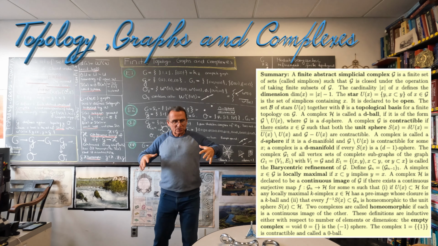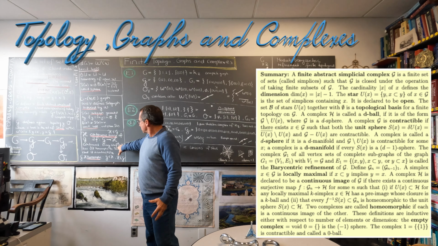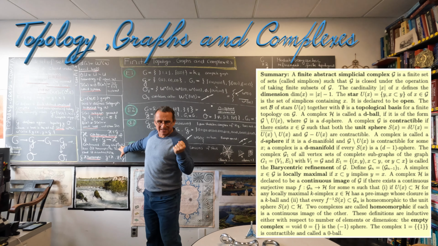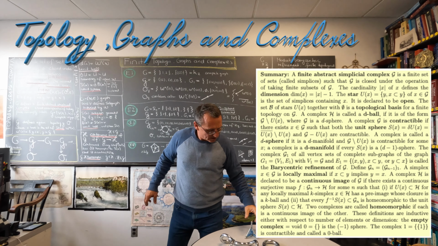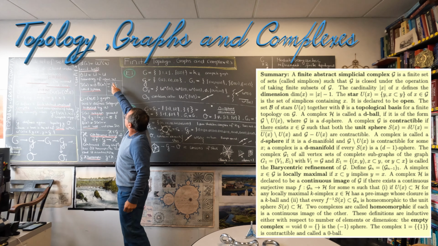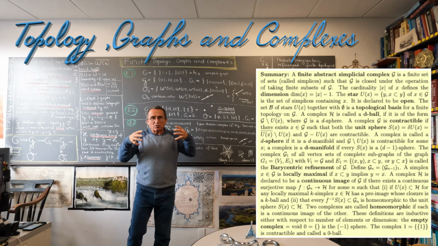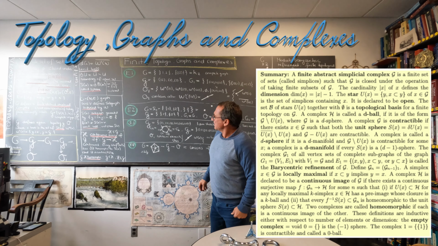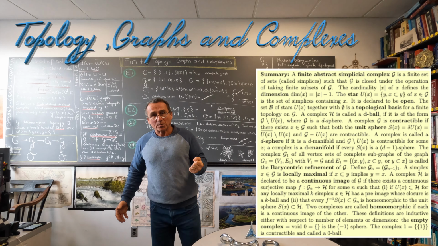But then we also want every one of these smallest units, these kind of Planck units, these stars, to be considered. The star is defined here as the set of sets which contain a given set. And these are the open sets, the basis elements of the topology.